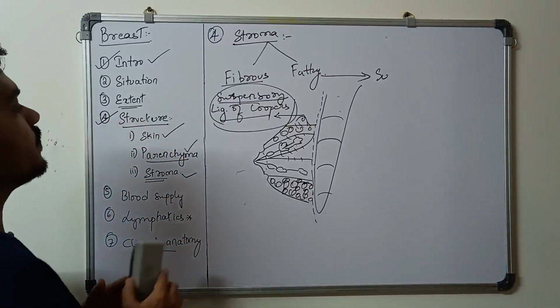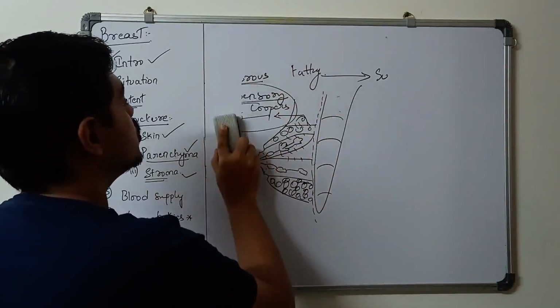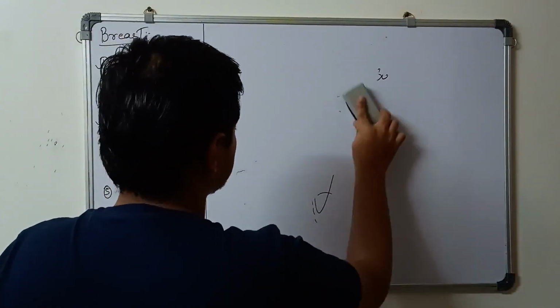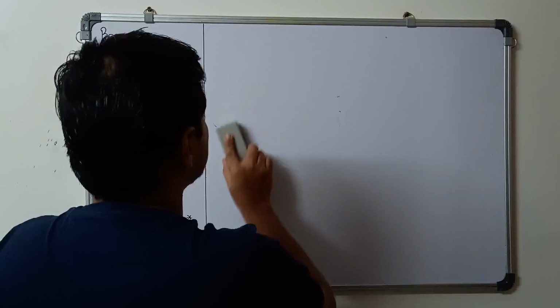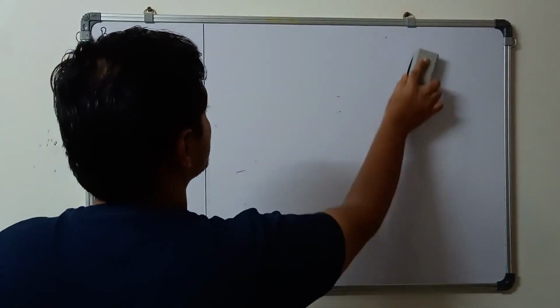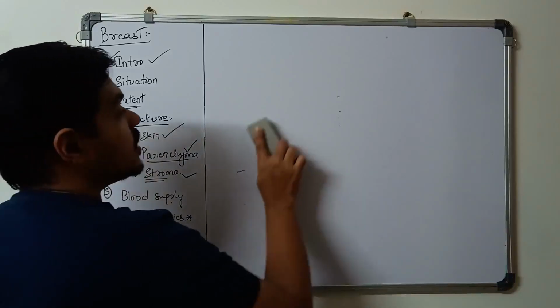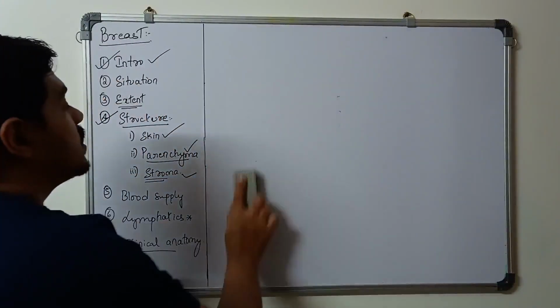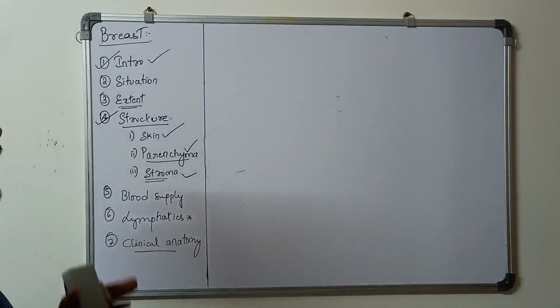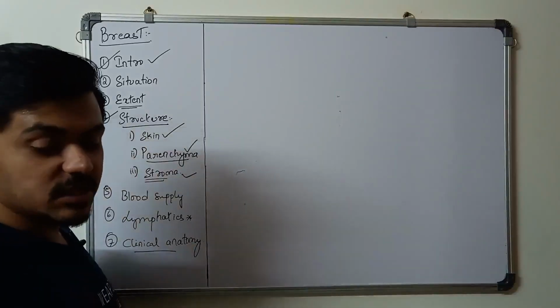Now let us go into the blood supply of the breast, where the arterial supply is quite important, because in case of mastectomy for breast carcinoma, you will have to ligate the arteries that are supplying the breast.